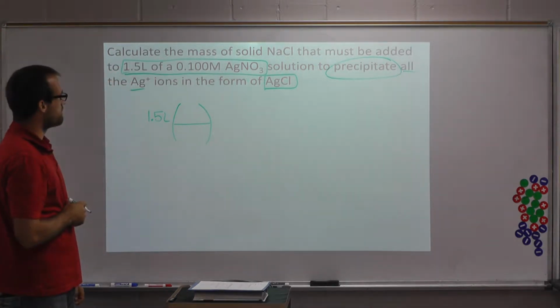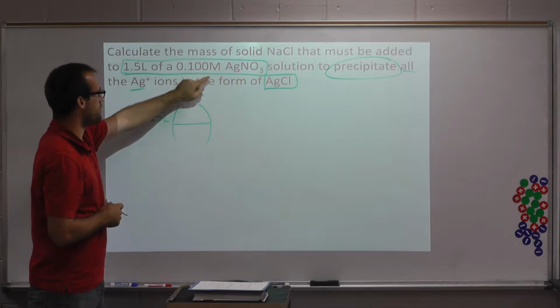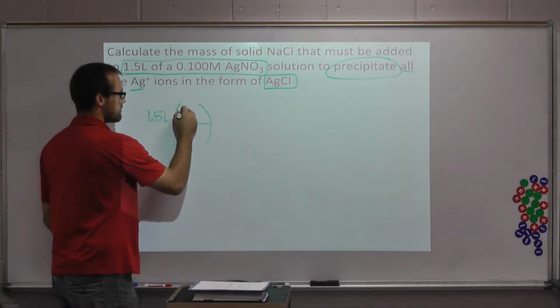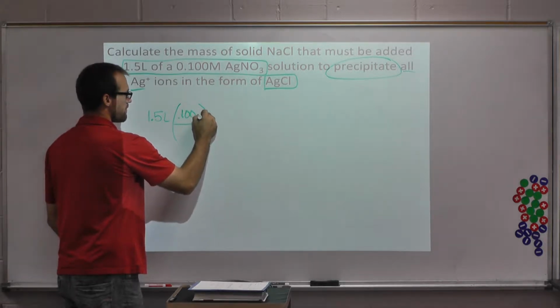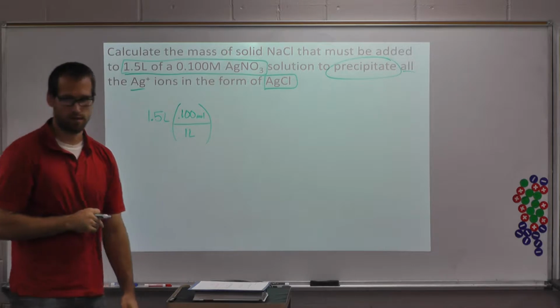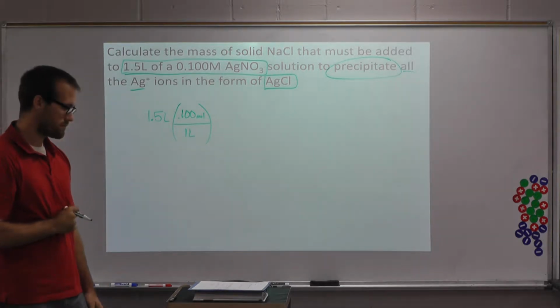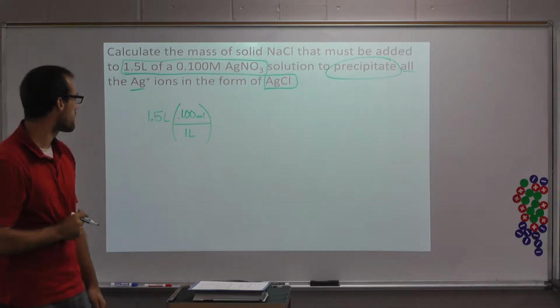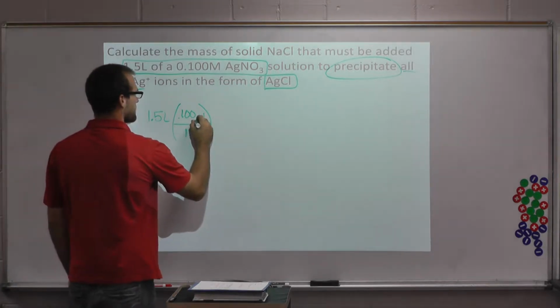Okay, so I know the volume. I know how much moles I have per 1 liter, but I don't have 1 liter. So, make sense so far? Nothing crazy. Technically, this is the moles of AgNO3.